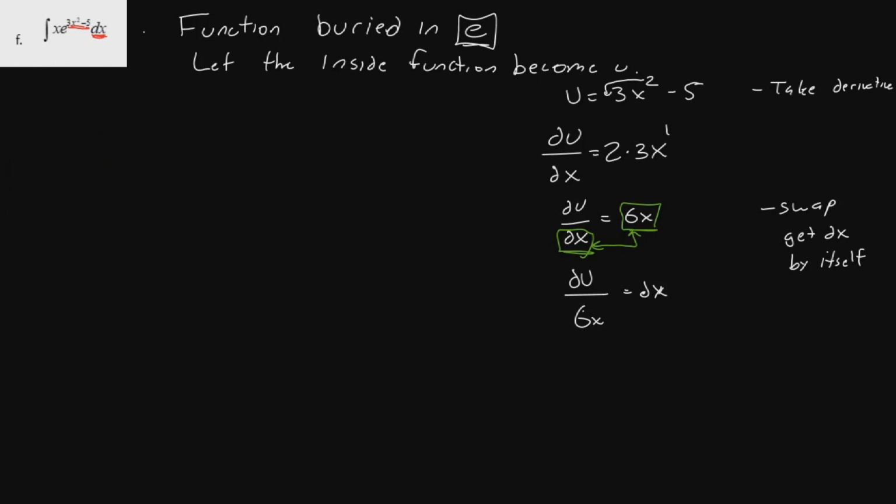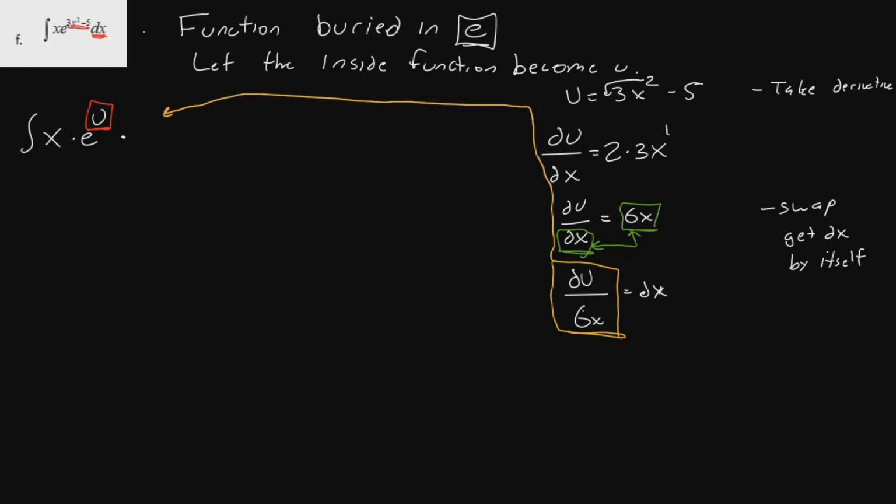We'll have integral of x times e to the u, because we were replacing that inside function with u, and then times our new dx. We'll take this dx and move it into the position the old dx was, and we'll have du over 6x.